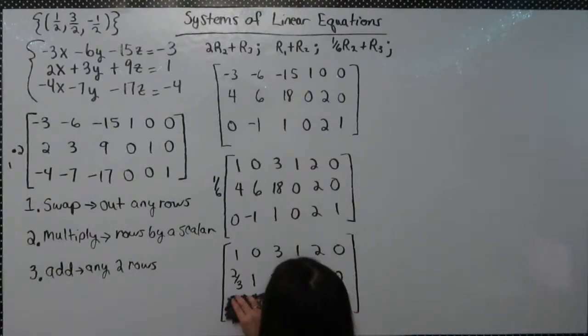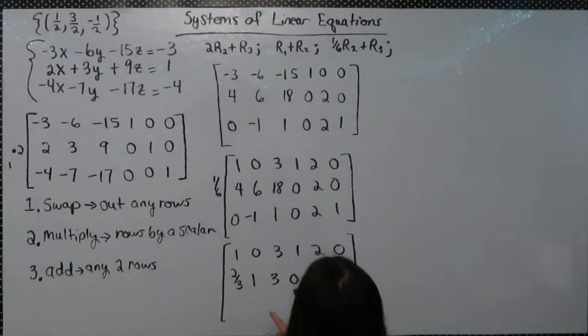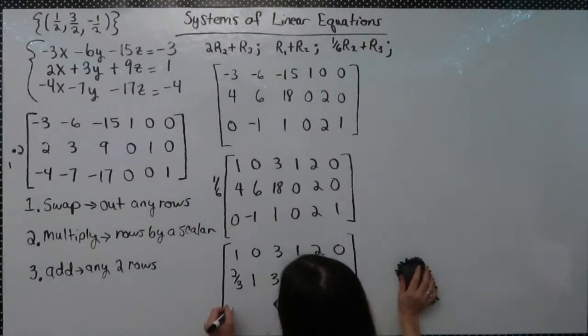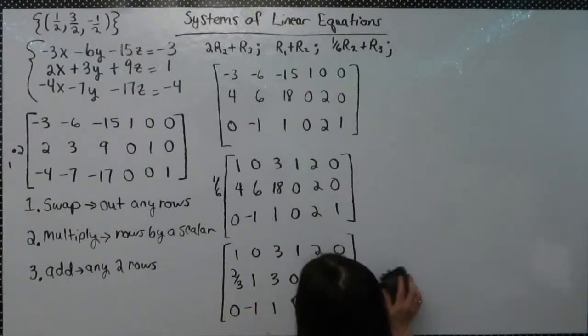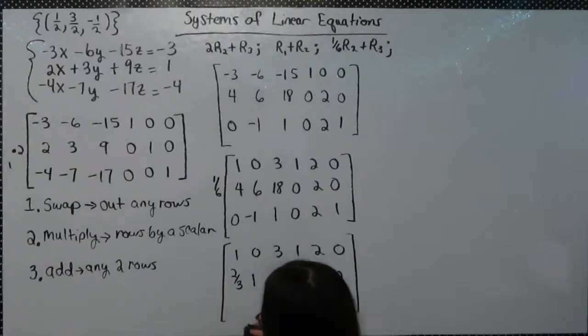Instead of replacing row 3, let's go ahead and add it and replace row 2 and see what happens, because we've already got this 0, -1, 1. All right, never mind. We'll just do it in the next step.